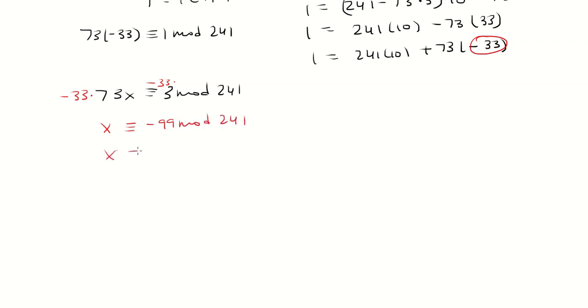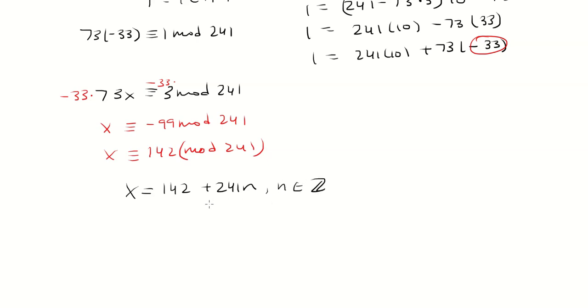This is negative, so I'm just going to add another 241 to that. So that's going to give me 142 mod 241. So the first answer is going to be 142. So actually the form is going to be 142 plus 241n, where n is an integer.